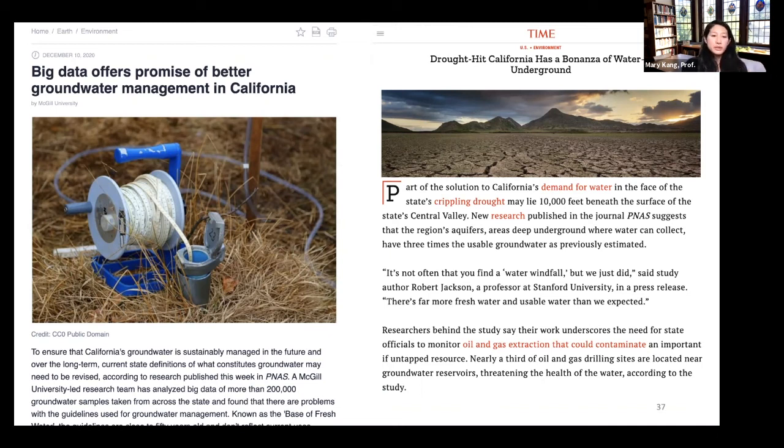And so this is one story. Another story that connects us to the oil and gas topic that we've been talking about is what water should be managed and protected. As you go deeper under the ground, groundwater becomes more saline, and people historically said, okay, that's not usable.